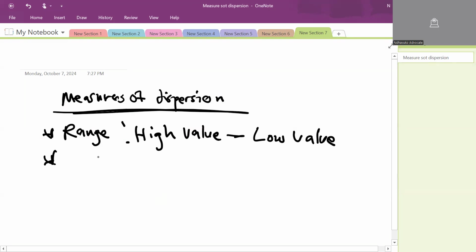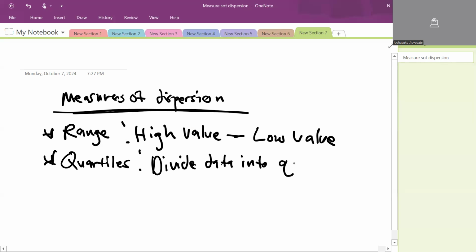So, quartiles. How would you work this one? You must divide data into quartiles. That's the secret there. Q1 is the first quartile class.